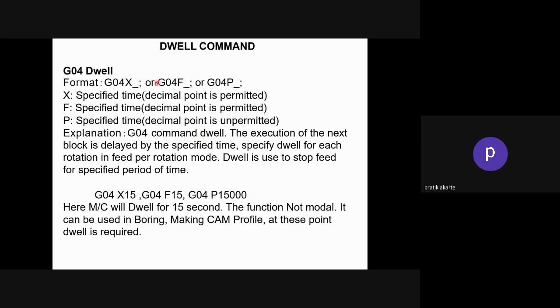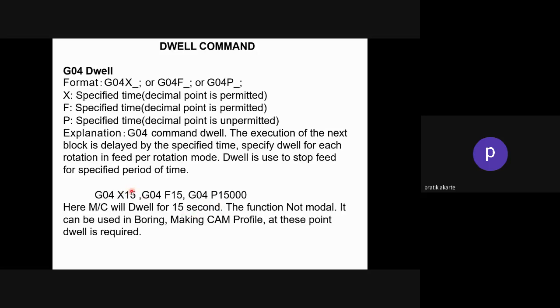The execution of the next block will be delayed by the specified time. Like over here, G04 X15. Okay, so it is mentioned over here. So here the machine is dwelling for 15 seconds.